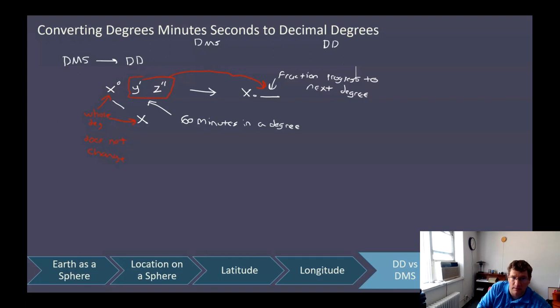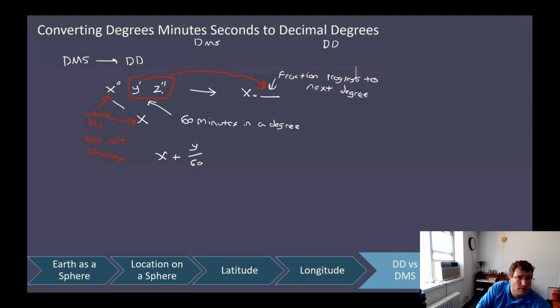We call each subangle a minute. So in terms of the fractional progress to the next degree, we have x plus y over 60, because there's 60 minutes to the next degree.